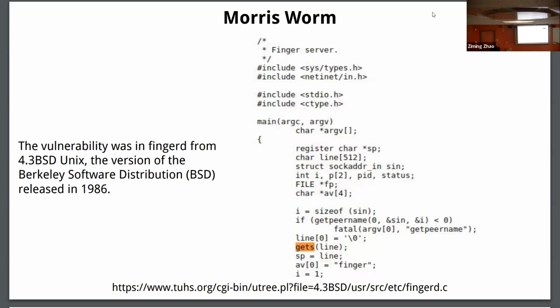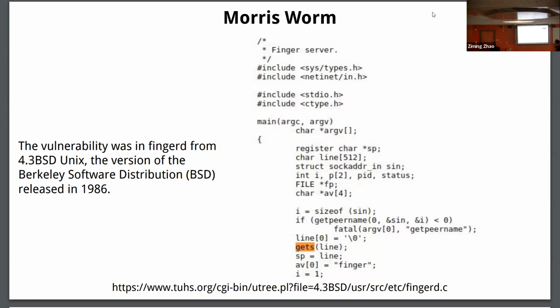This is exactly the vulnerability. I went back to the BSD Linux system, found the source code, and found the vulnerable code here. The vulnerability is in the fingerd program. The d means daemon, so this is just a server program listening on ports and getting requests from the internet.